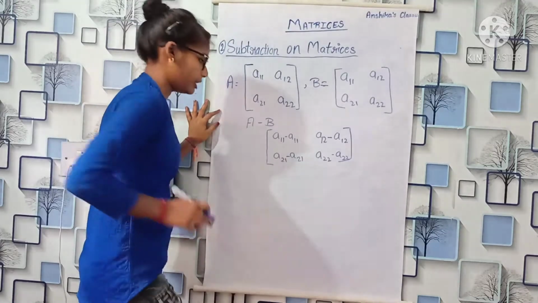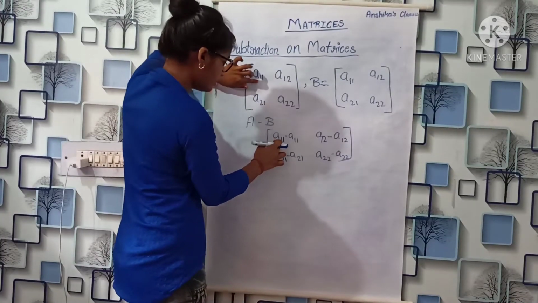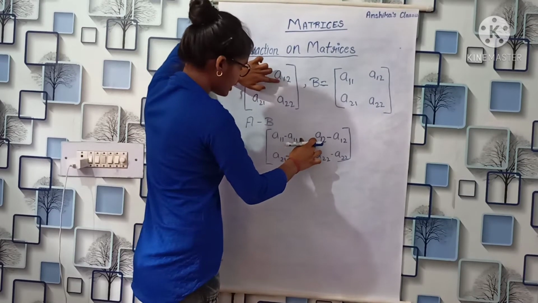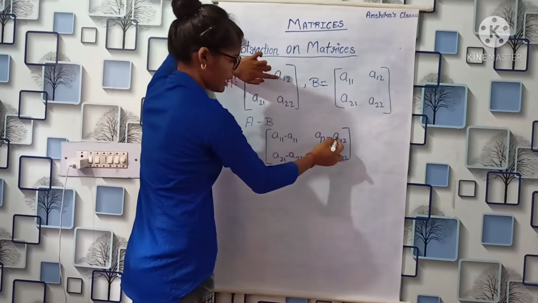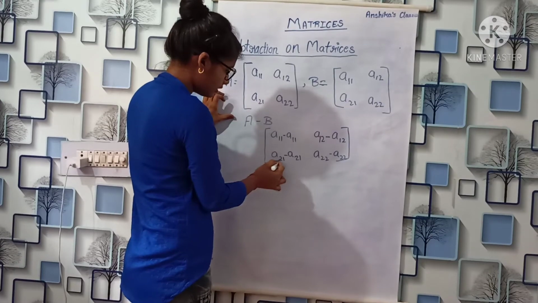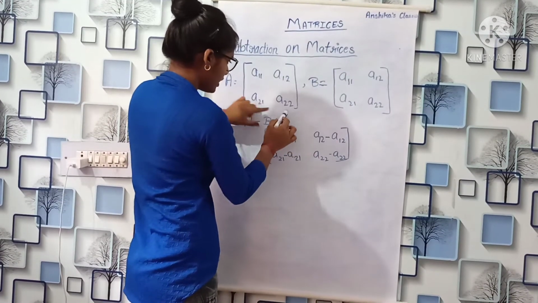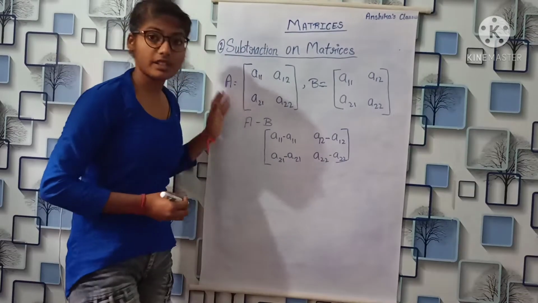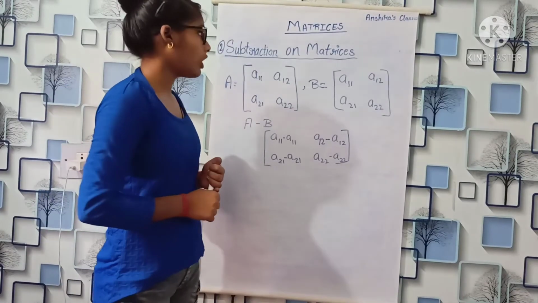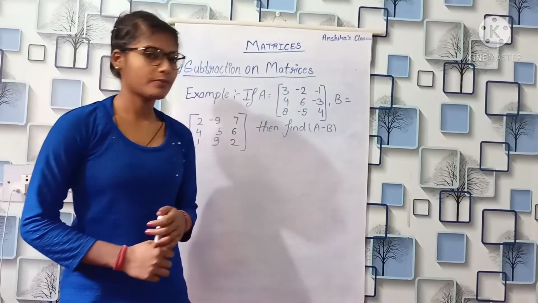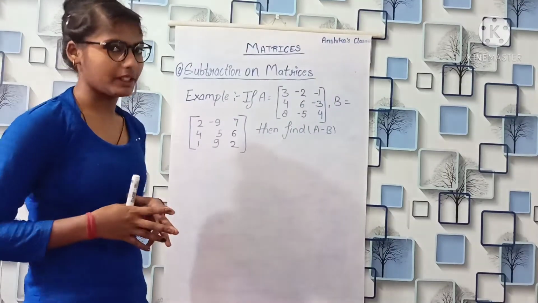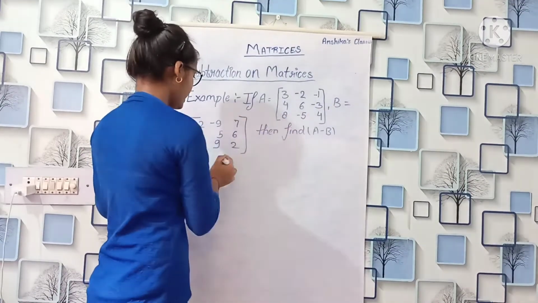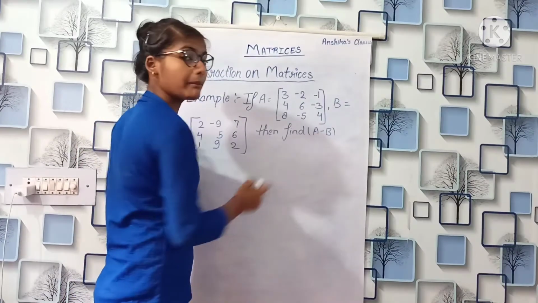Then A minus B is A11 minus A11, A12 minus A12, A21 minus A21, A22 minus A22. So this is the format of subtraction of matrices. So now take an example. If A is equal to this and B is equal to this, then find A minus B.